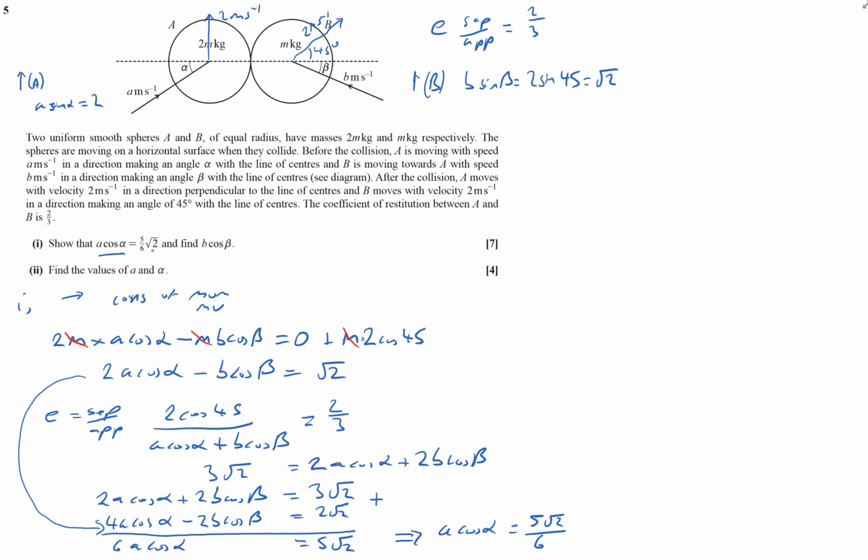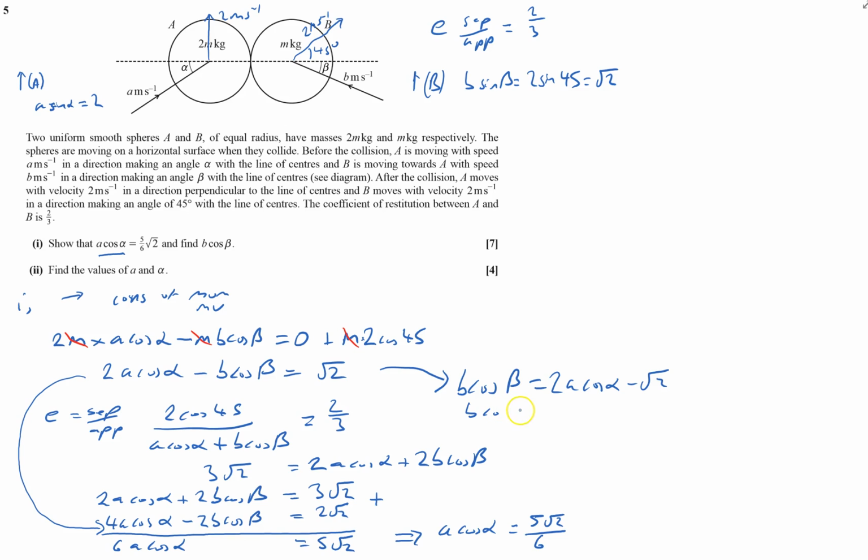And then I need to find what B cos beta is, and I can do that from here. So this one will say that B cos beta equals 2A cos alpha minus root 2.